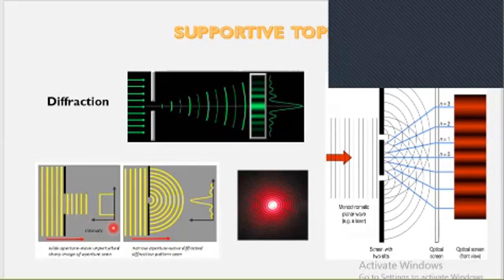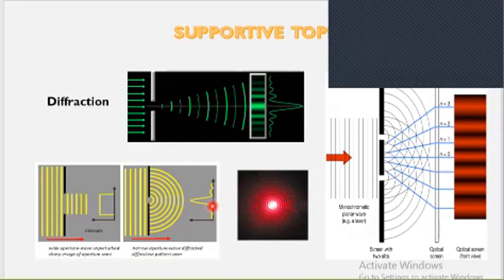The intensity profile that we obtain is just a uniform distribution, whereas when the slit's width is comparable to the order of the wavelength passing through it, we observe these diffracted wavefronts, and the intensity profile that we obtain is no more like the uniform distribution.